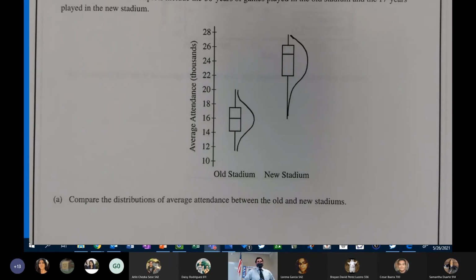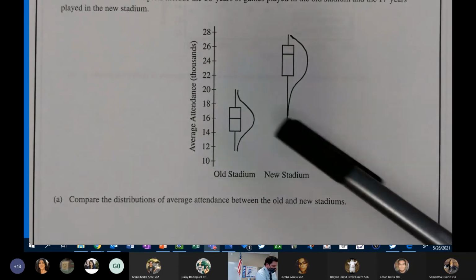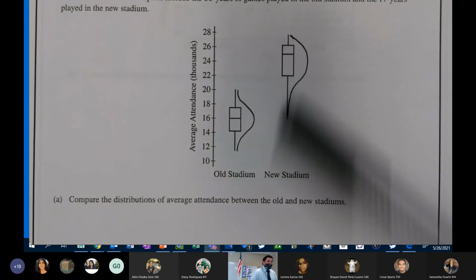We can essentially say that the data for the old stadium is fairly symmetric as opposed to the new stadium, which is skewed, right? Possibly skewed to the left. The distribution for the old stadium has a smaller center if we're looking essentially at the IQR compared to the new stadium.